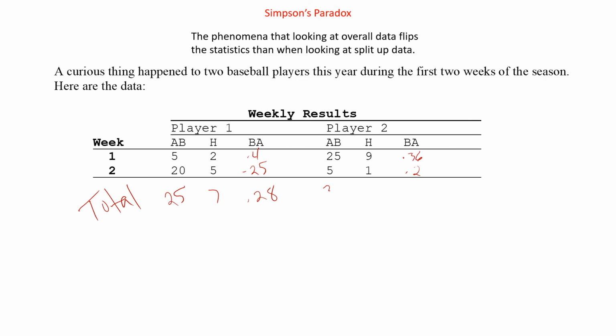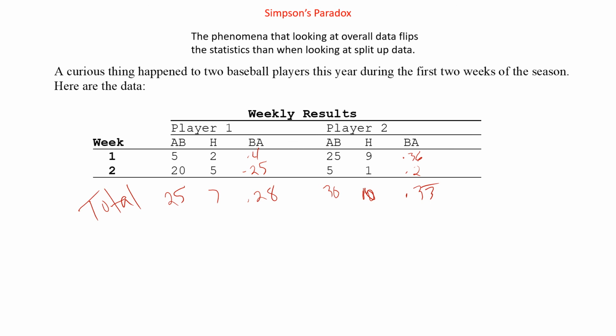And here we're going to have 30 at-bats, and we're going to have 10. So 10 over 30 is 0.33. Player 2 had a better overall batting average, even though for each individual week, player 1 did. And that has to do with just how the weeks broke up.